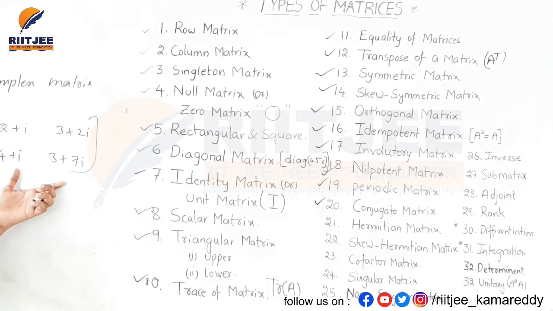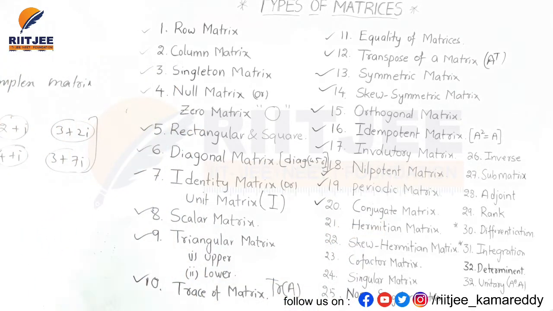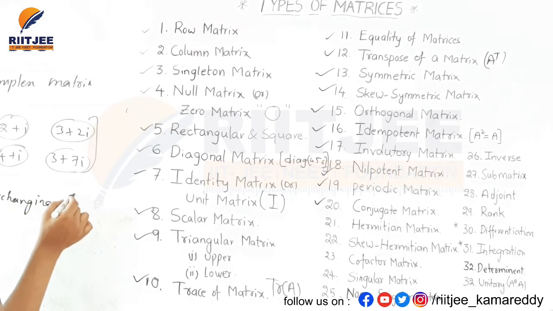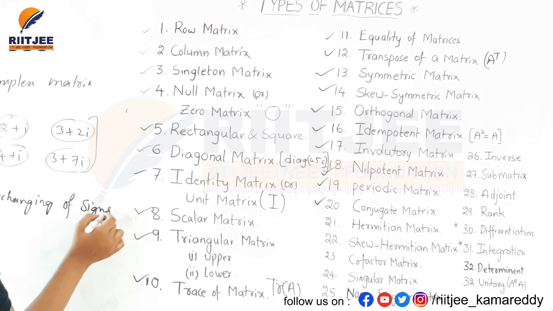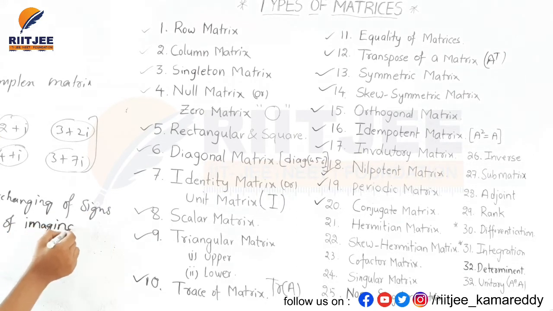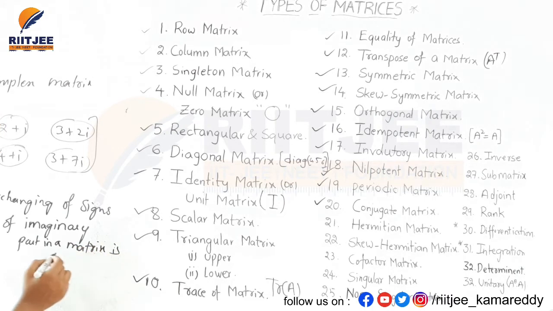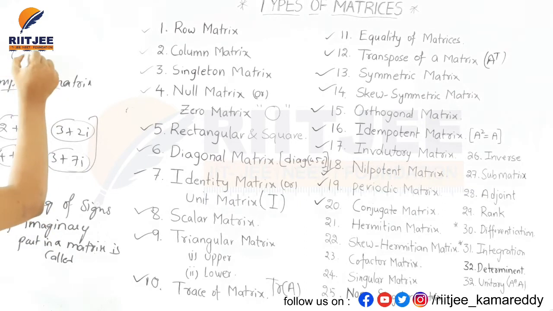From this matrix, the conjugate matrix is nothing but the interchanging of signs of the imaginary part in a matrix. It is called the conjugate matrix.